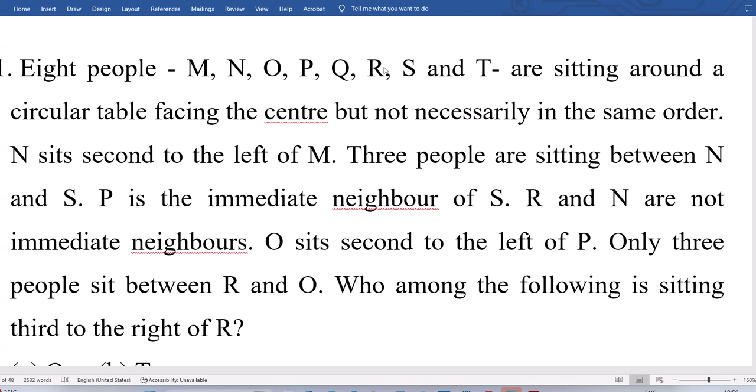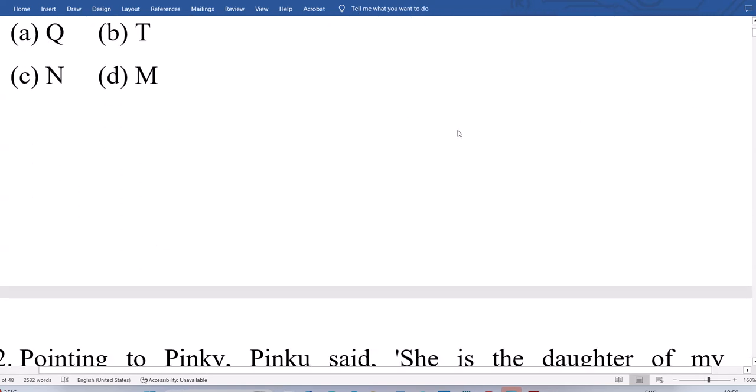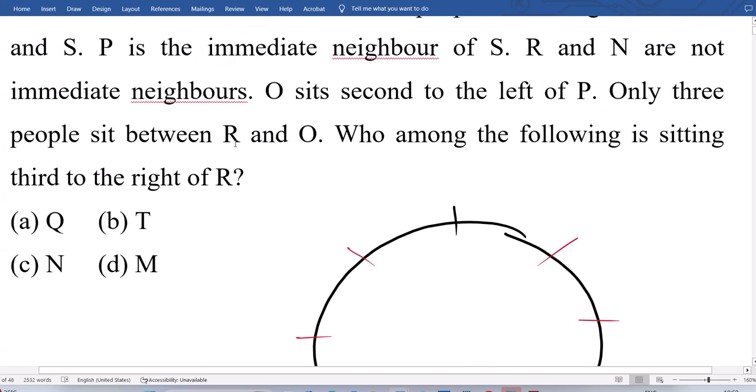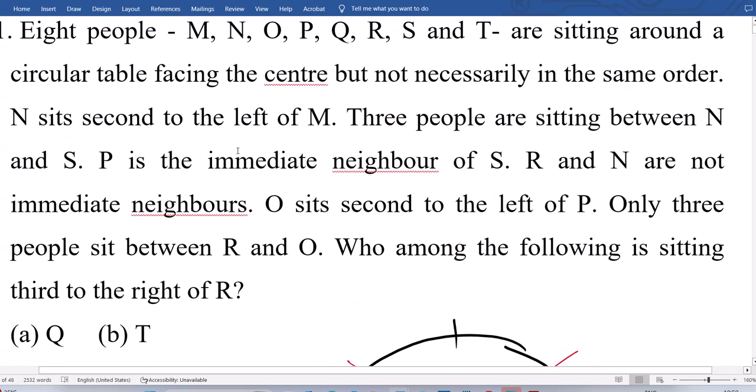Now, if we look into this question, as per our discussion, 8 slots are required. First go for those 8 slots. The next target is to look at which statement is more in discussion. N is there 2 times, O is there 2 times.